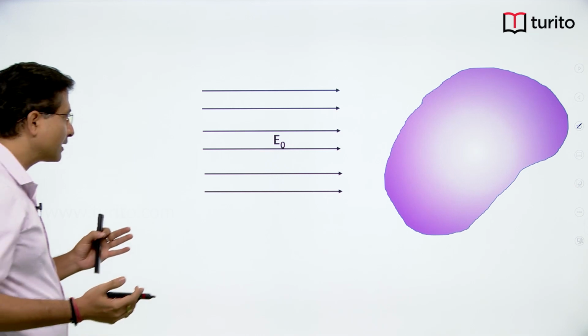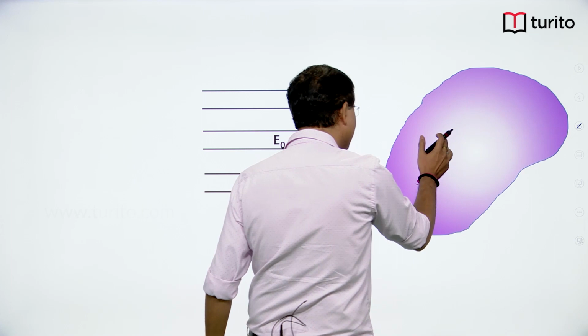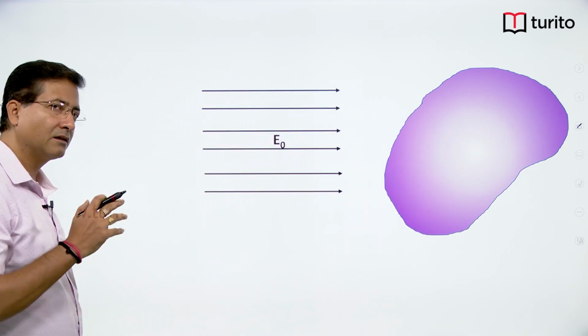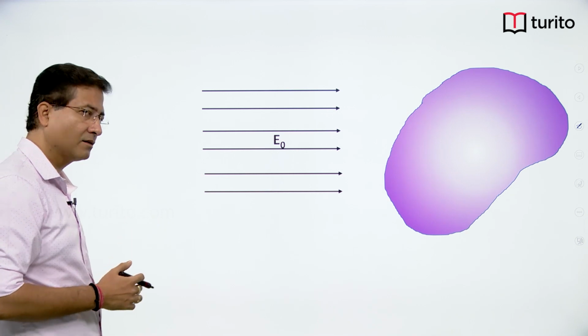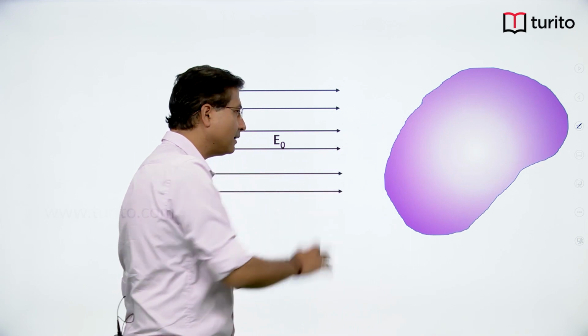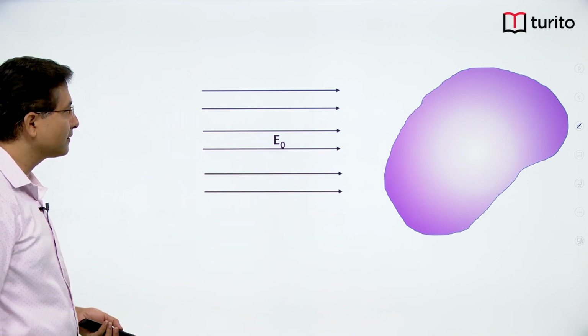So, when a conductor is placed in a field, there will be movement of free electrons till the redistribution of charges cancels the field produced by this external agency, right.